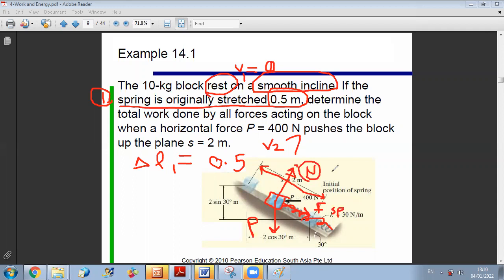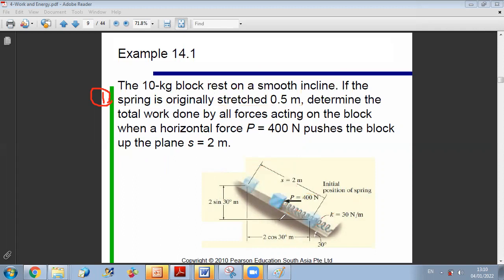Yes, it's 0. Why is it 0? Because the normal is perpendicular to motion. And we know that a force perpendicular to motion cannot produce any work, okay? So first we can start by saying that the work of the normal is equal to 0, okay?